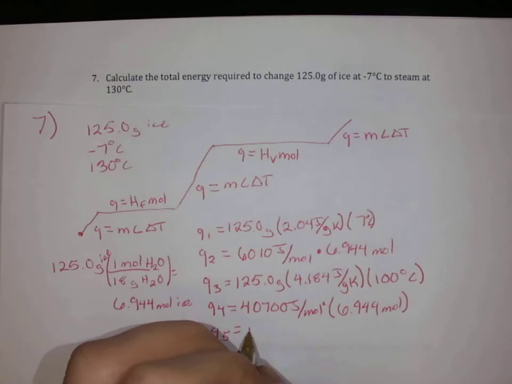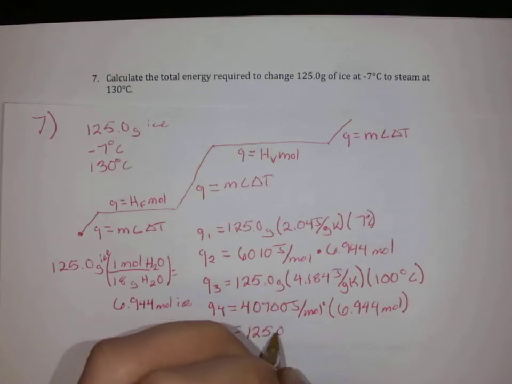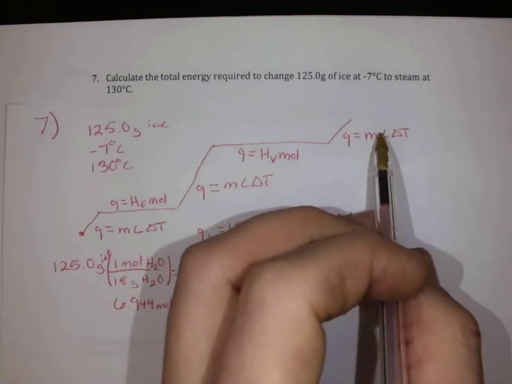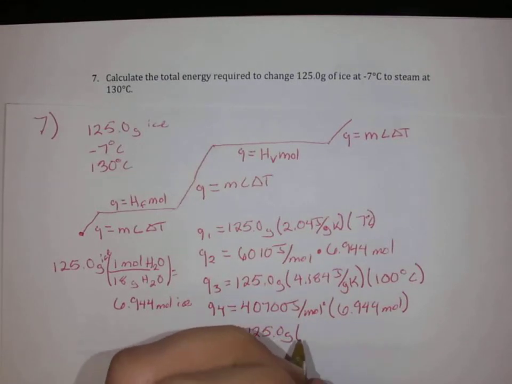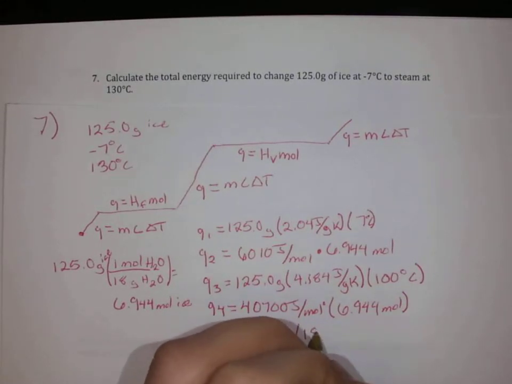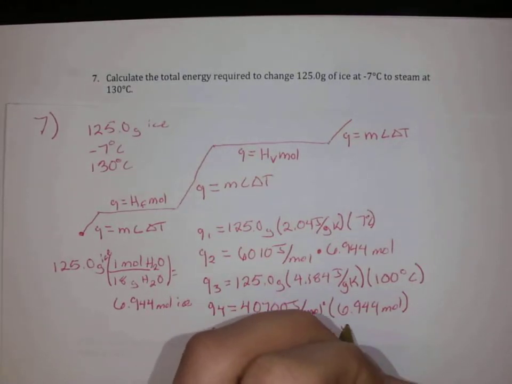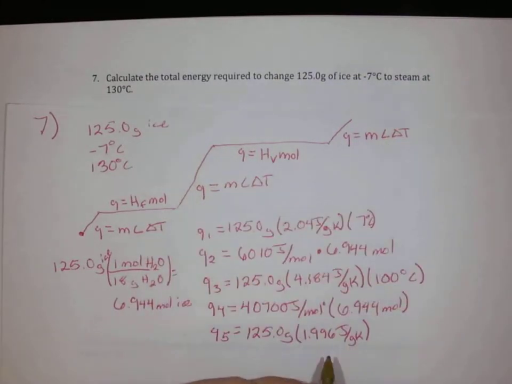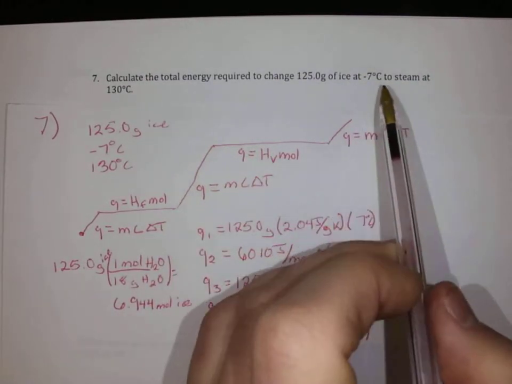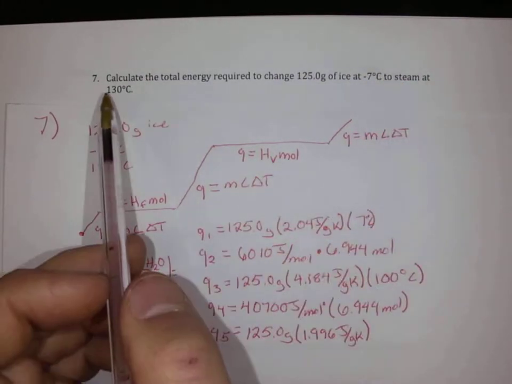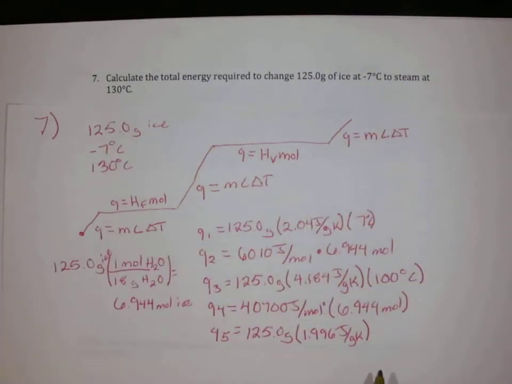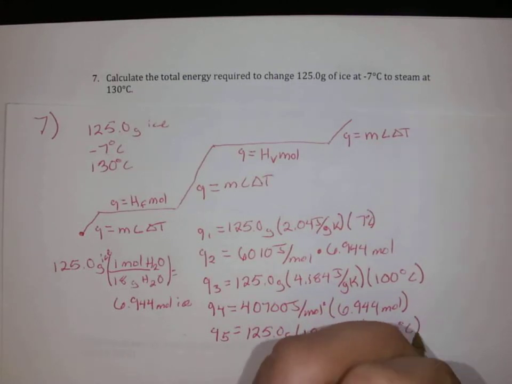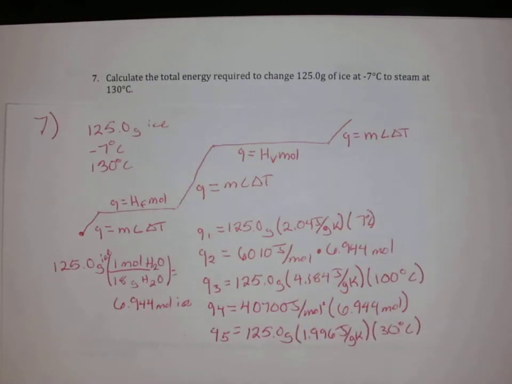And then we've got Q5, and that's going to be mc delta T. M is, again, 125 grams. Our C value for steam is 1.996 joules per gram Kelvin. And then past our boiling, heating our steam, we're going from 100 degrees up to 130, so that would be 30 degrees C. That is going to be our change in temperature.